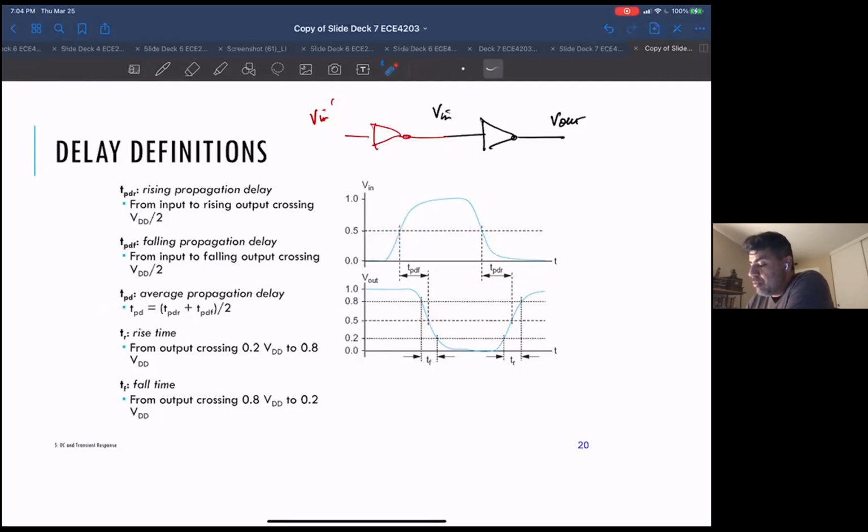Okay, so those are the propagation delays. The prop delays are from here to here.